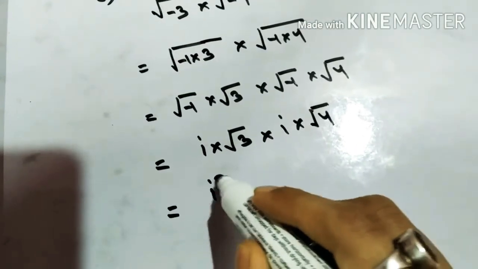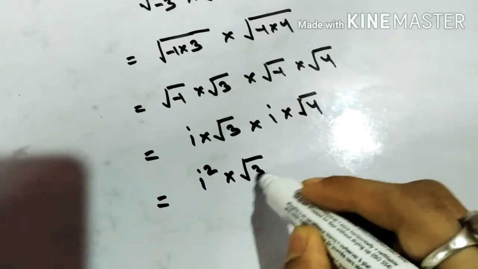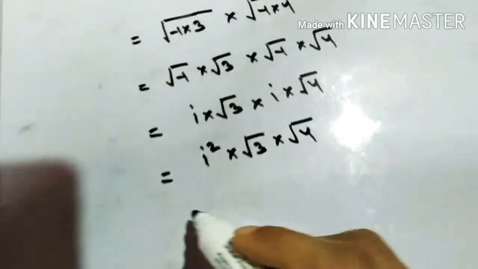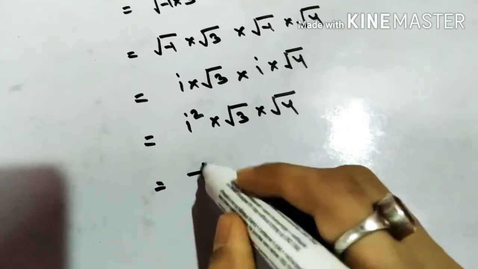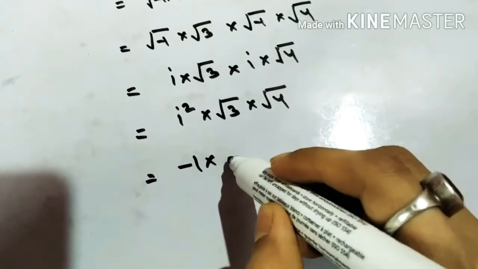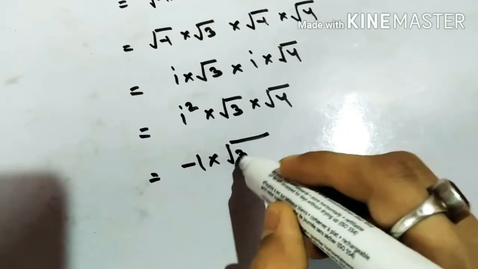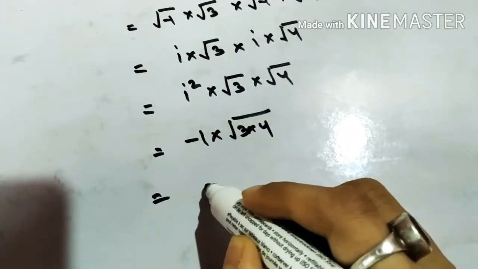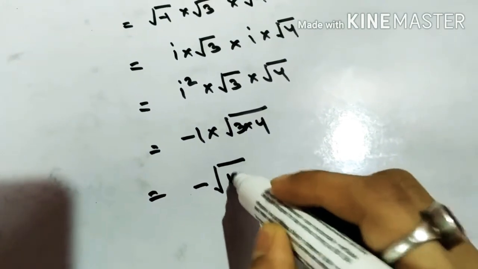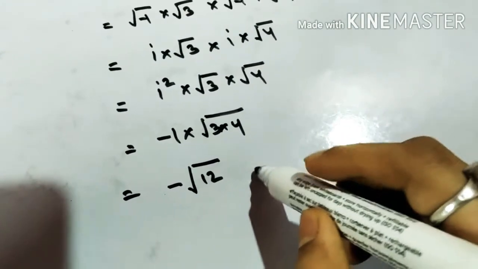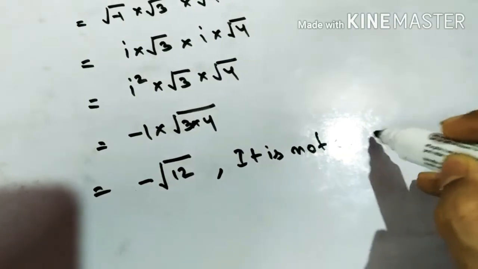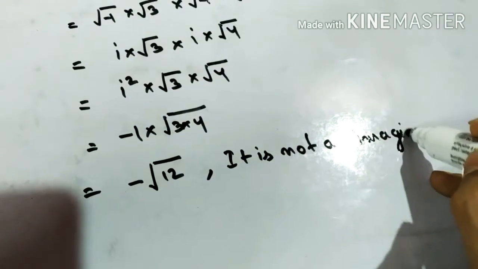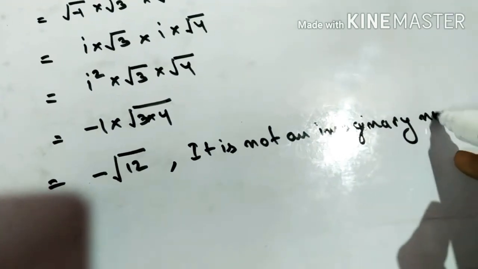So this becomes i square into root over 3 into root over 4. I square becomes minus 1, and this becomes root over 3 into 4. So this becomes minus root over 12, and it is not an imaginary number.